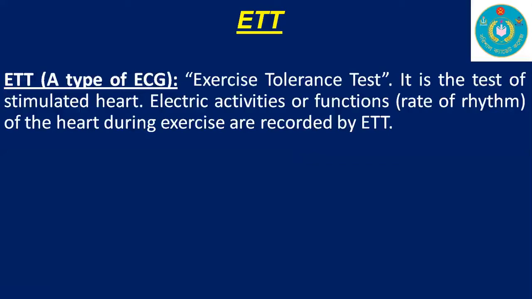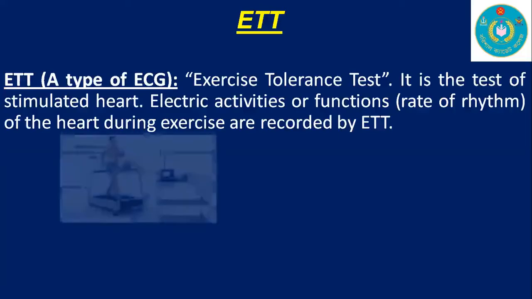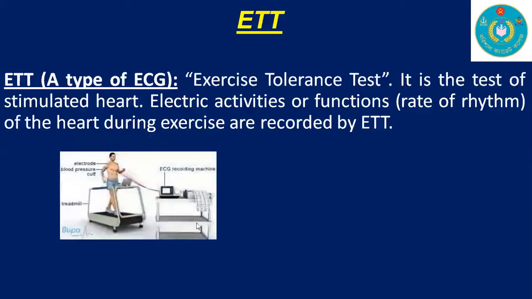Actually, ETT is a special type of ECG, and it is recorded during exercise, and this is the ECG machine. When the patient exercises on a treadmill or rides a bicycle, we get the pulse from this patient, and that is ETT. Actually, it's a special type of ECG.